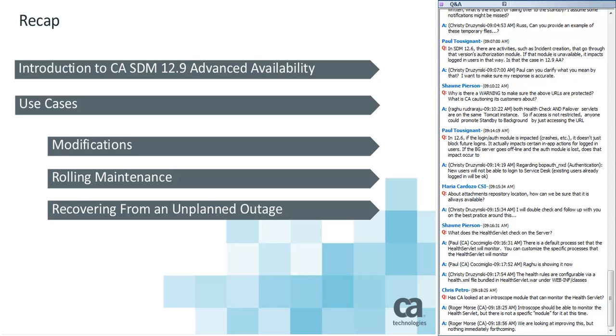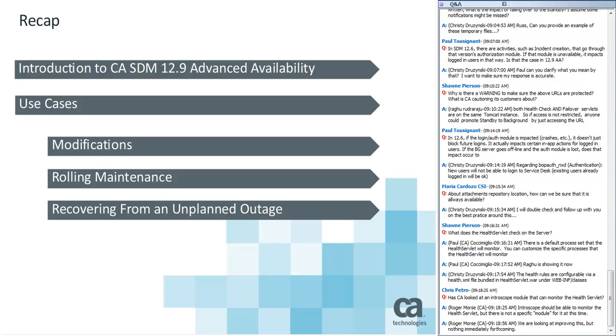We then went into 3 specific use cases or scenarios as to how advanced availability works within some common scenarios that service desk administrators would face on a regular basis. So we talked about modifications, both schema and form modifications.